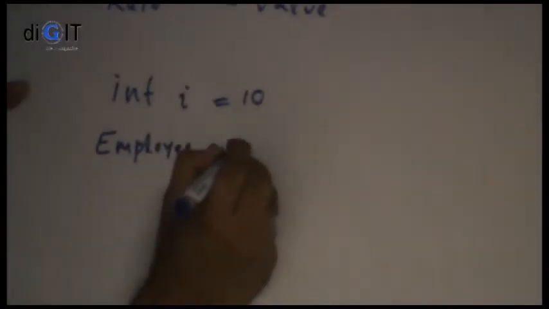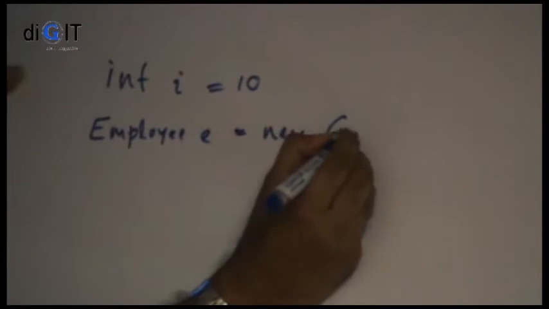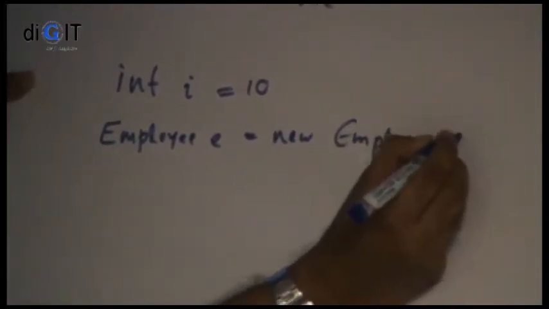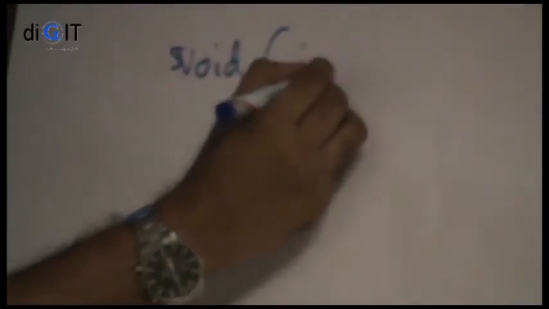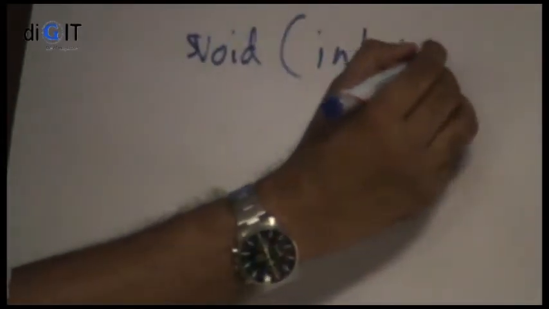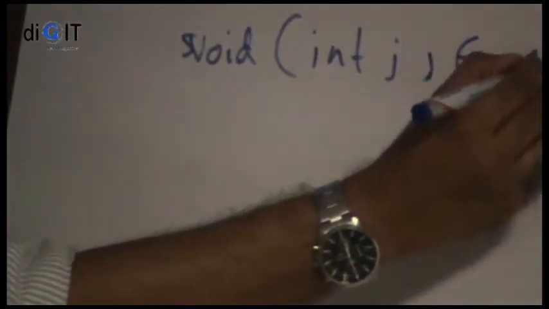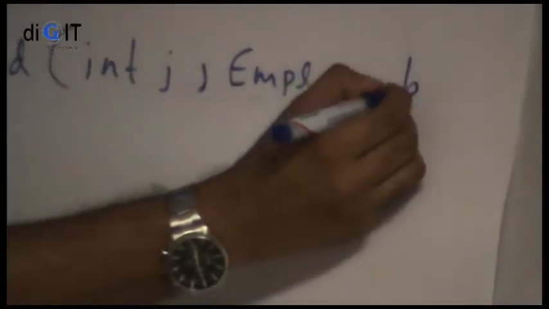Let's say I have int i equals 10, and I have a class called Employee with first name and last name, and let's say I have a static method, MyMethod.